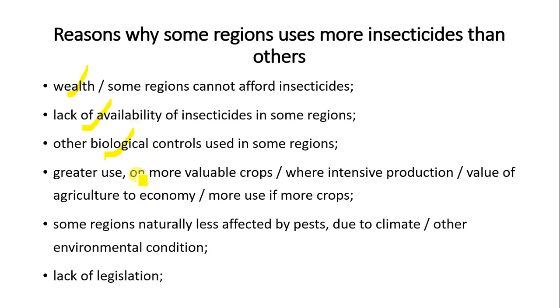Greater use on more vulnerable crops, where there is intensive production, or where agriculture is valuable to the economy. Some regions are naturally less affected by pests due to climate. Another is lack of legislative laws to control the application and use of these insecticides.